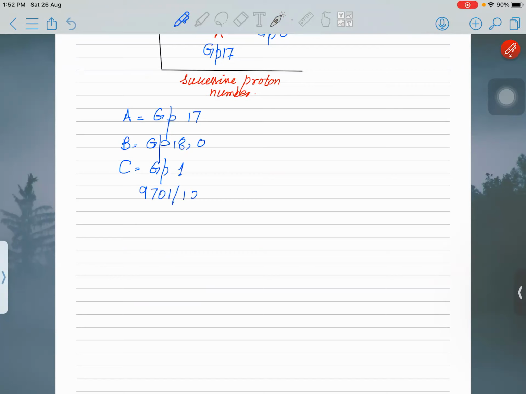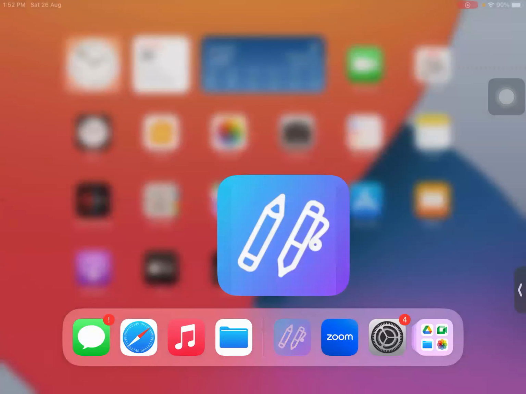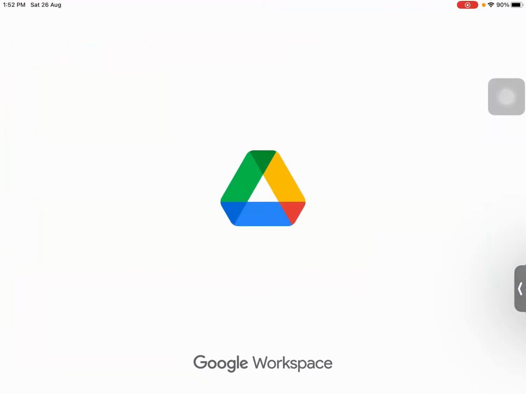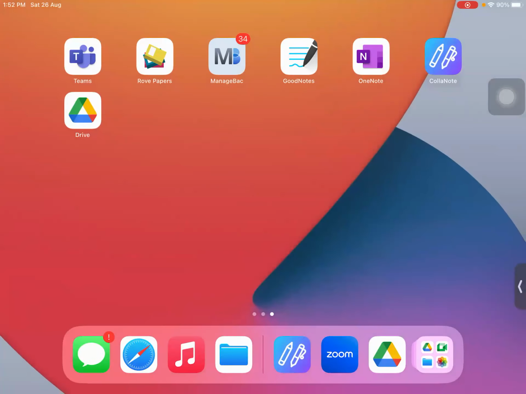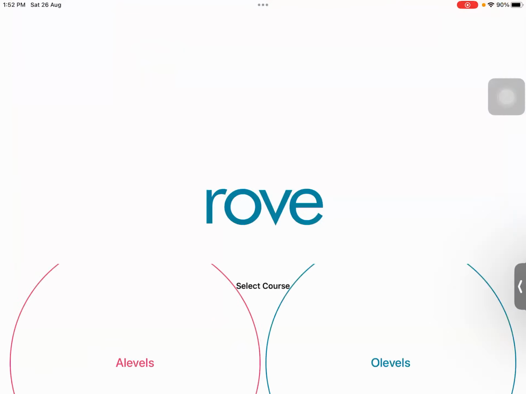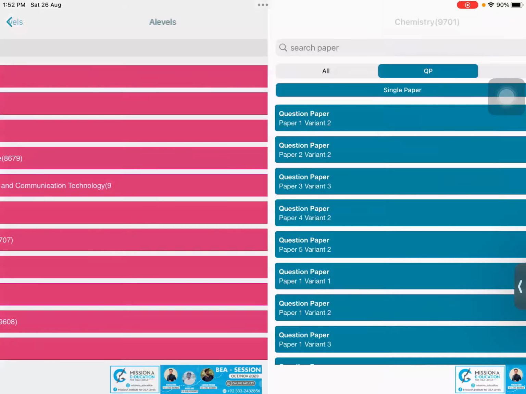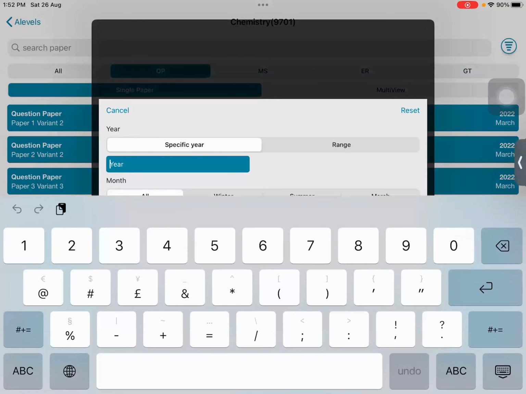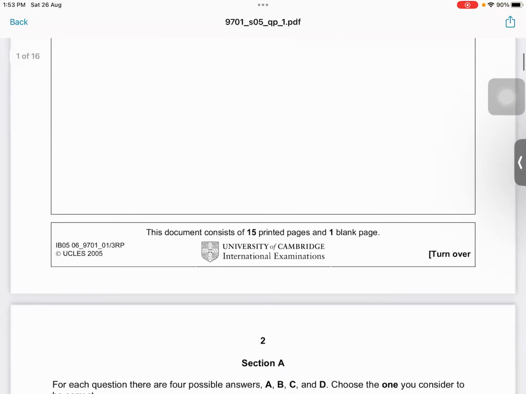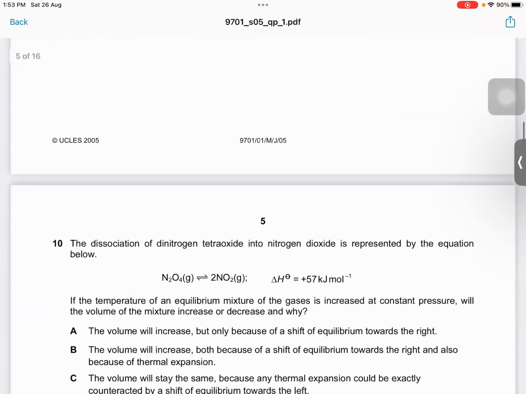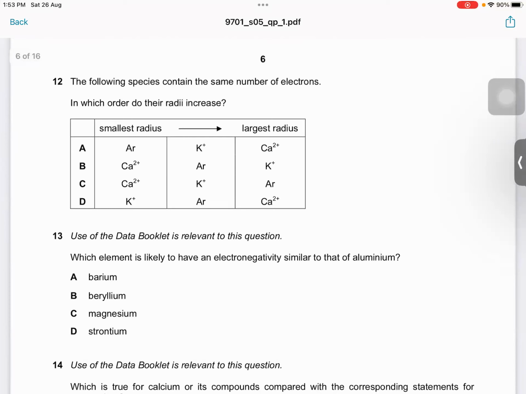9701, variant 12, May/June, question number 12. Summer 2005, question number 12.